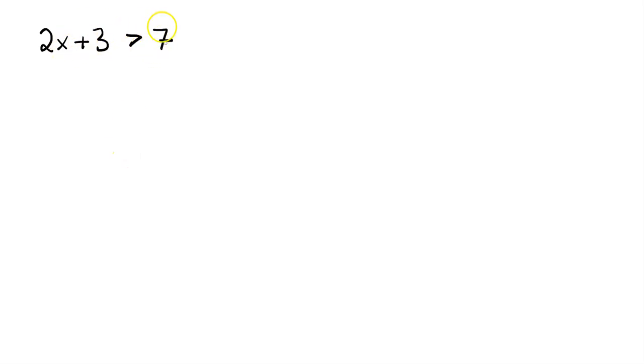So we connect these two mathematical expressions with this inequality sign. Then we have made an inequality. We are looking for all the solutions to this, meaning all the x's that make this true.